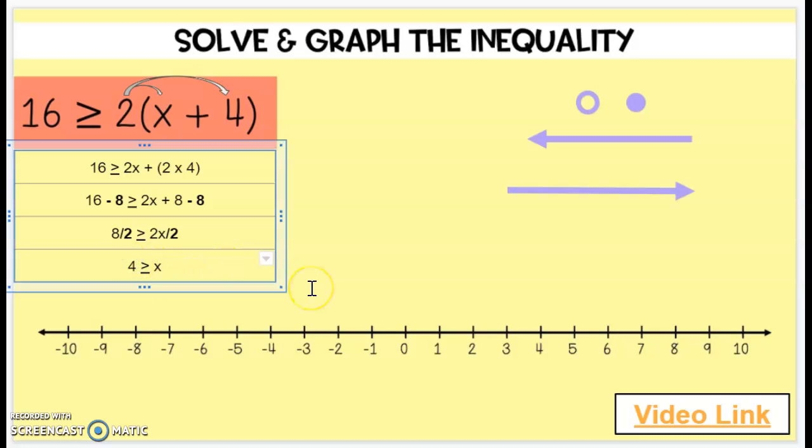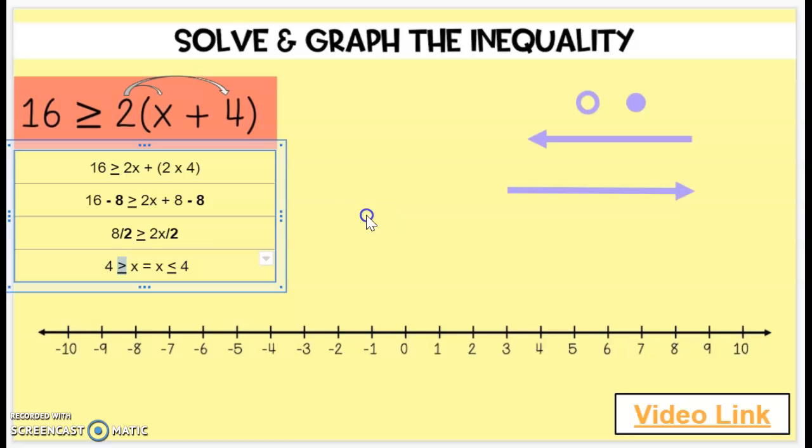And I'm going to tell you why I flip it. I do it for a very specific reason. I flip it like this, so it's saying the exact same thing it was saying before. I do this because it's easier for me when I have to graph my inequality. Let me write this out so you know: 4 is greater than or equal to x.